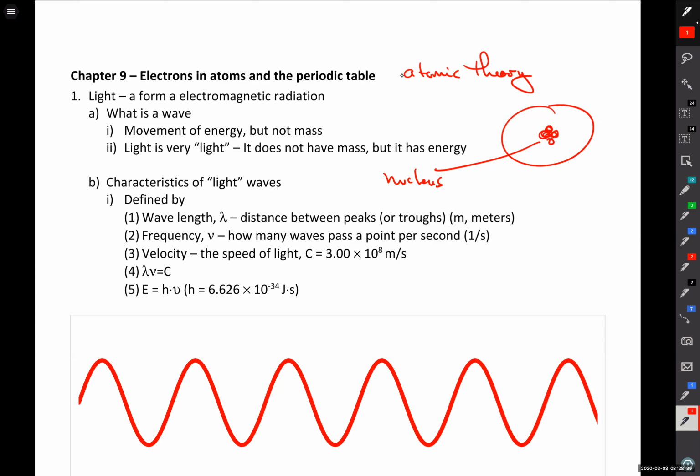Protons and neutrons, right? I'll just spell it out, actually. And then that's the nucleus. And then there's electrons that are around it, right? It's a weird looking atom, by the way. Electrons.